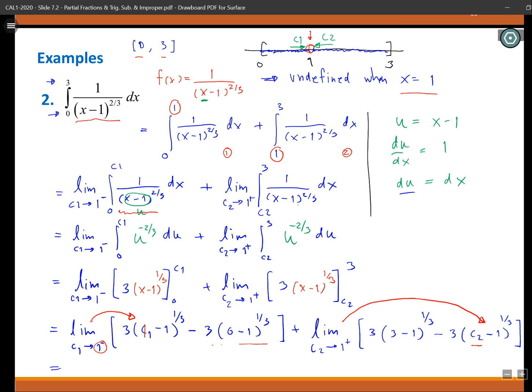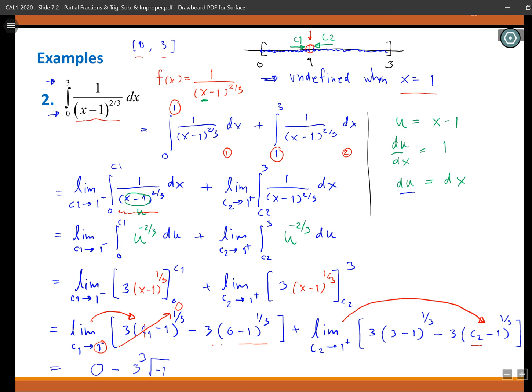So this whole term right here will become 0. Alright, so we are going to get 0 from that. That is the first term. And here we have minus 3 from the back term, and then we have this cube root of minus 1.